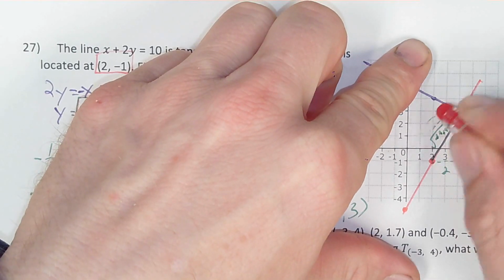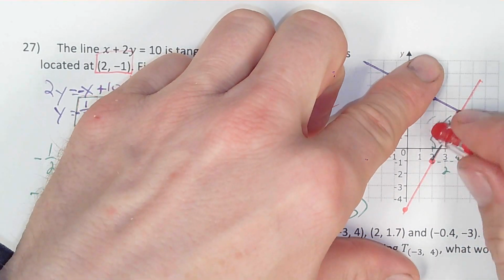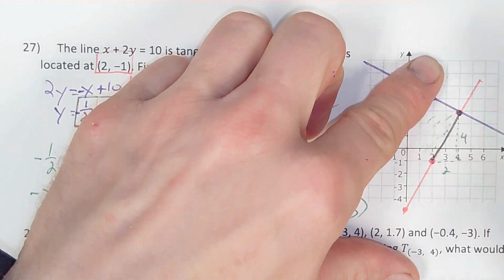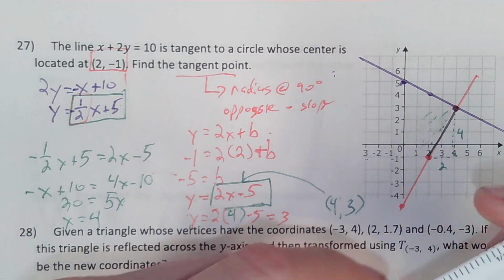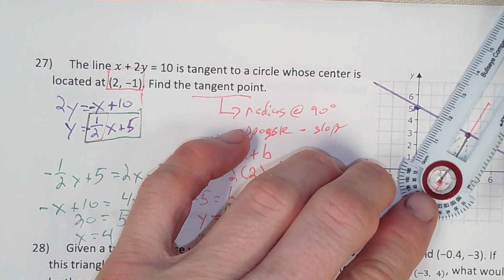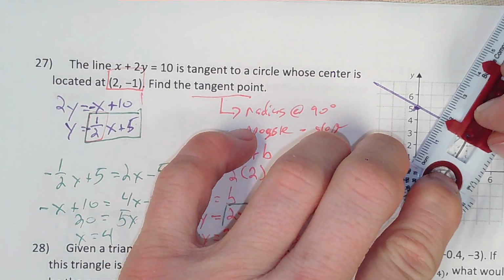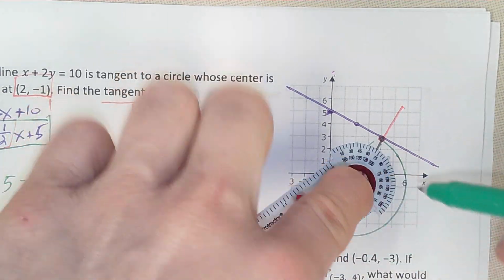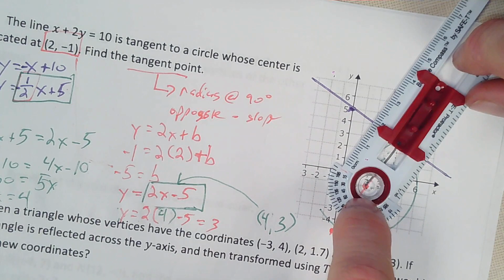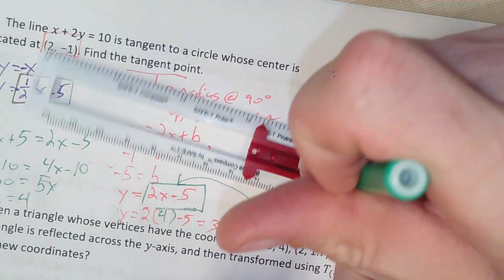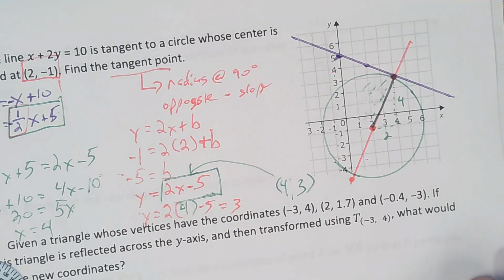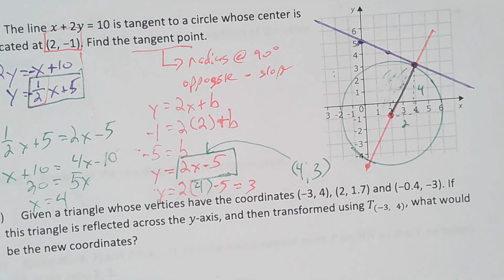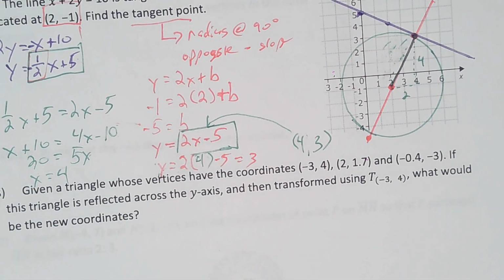That's the length of my radius, but it didn't ask that. So this circle is going to look something like this on my graph. Okay, there's that one. Sorry about the algebra error there.